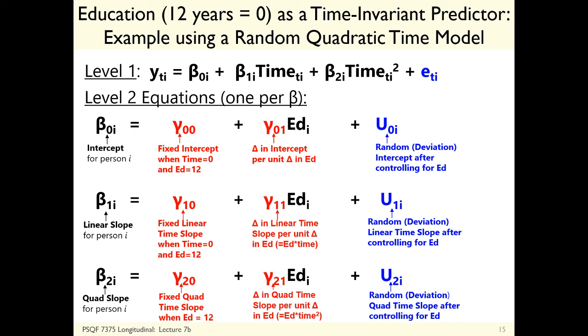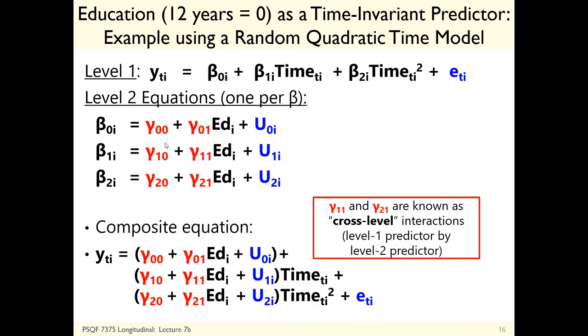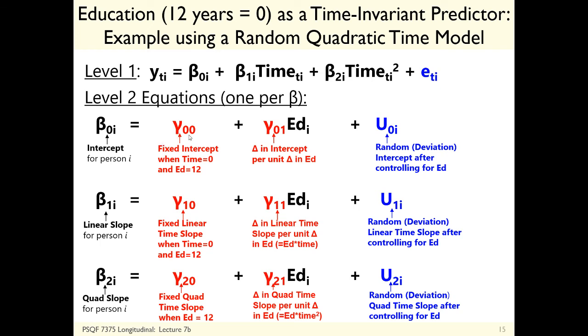So this slide, I think, helps illustrate the logic of the subscripts. The first place in each subscript refers to which level 1 beta you're talking about. So in the beta 0 line, hey, come back, all the terms start with 0, because these all refer to beta 0. In the beta 1 line, all the terms start with 1.